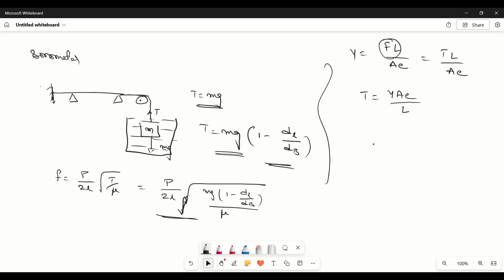Then the frequency of the wave formed on the string is represented as p by 2L under root of T by mu, so with T equal to YAE by L, we get the root of YAE by L into mu. So this represents the frequency expressed based on Young's modulus.